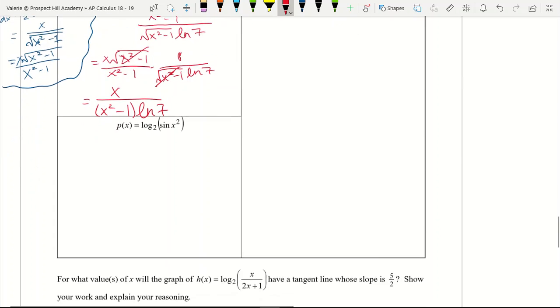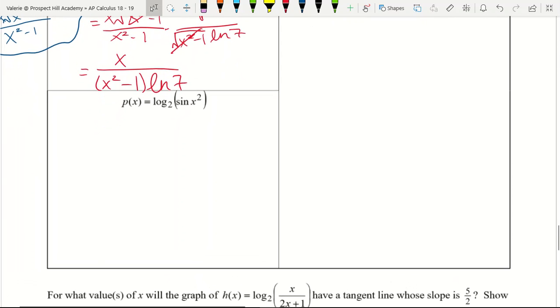All right, for p of x, we're going to need to use the chain rule on sine x squared. So bring that over to the side, and we'll use the chain rule. So d dx will be equal to cosine x squared times 2x.